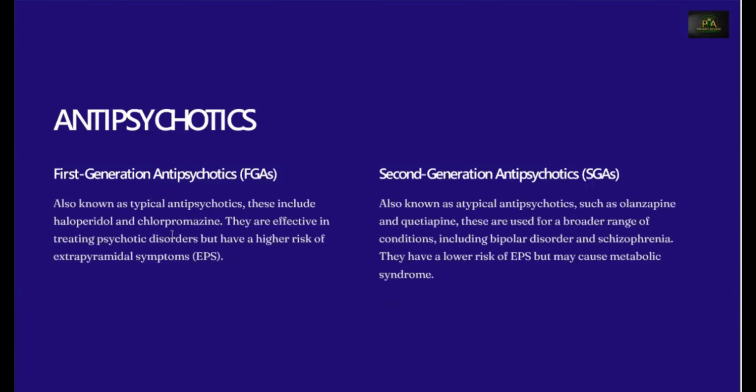We said that with the first generation, the patient is at high risk of EPS and neuroleptic malignant syndrome, NMS. EPS, extrapyramidal symptoms, includes tardive dyskinesia, lip smacking, and pseudo-parkinsonism. Then neuroleptic malignant syndrome is due to too much antipsychotic.